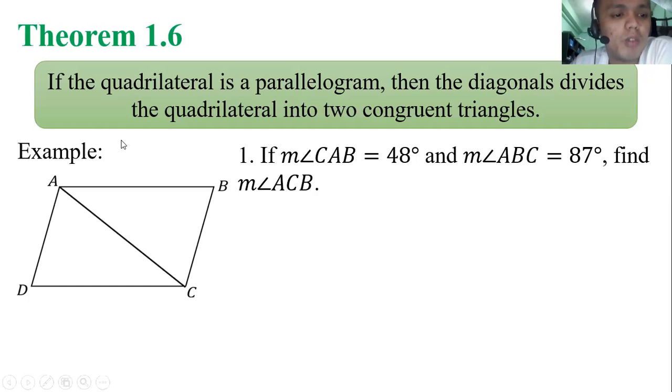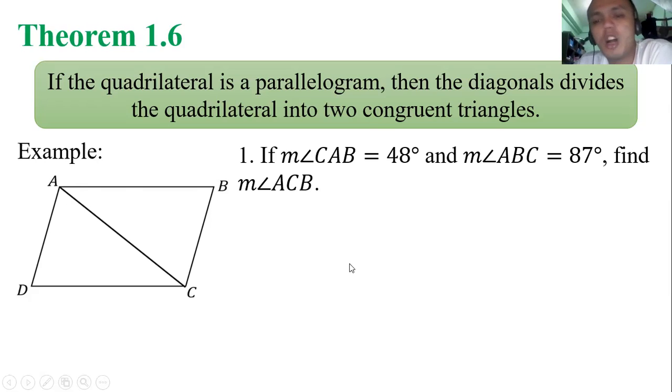As you can see here, we have only one diagonal, and this diagonal divides the quadrilateral into two equal triangles. We have triangle ABC and triangle ADC. Now, if the measure of angle CAB is 48 degrees and the measure of angle ABC is 87, what is the measure of angle ACB?